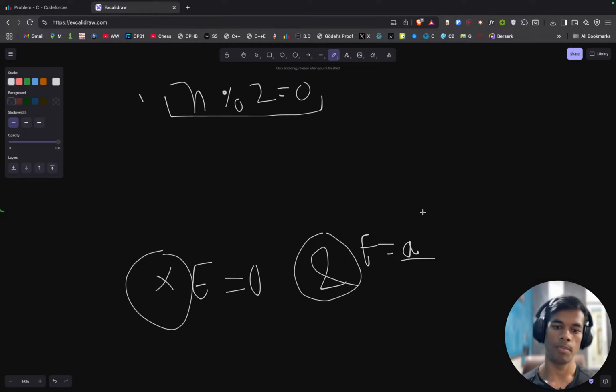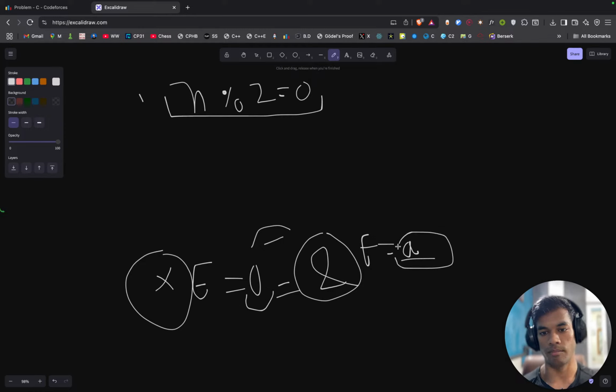Let's call it A. But I have to make these two equal. How do I make them equal? To make them equal, I either convert this 0 into some number or this number into 0. And I went for converting this into 0.